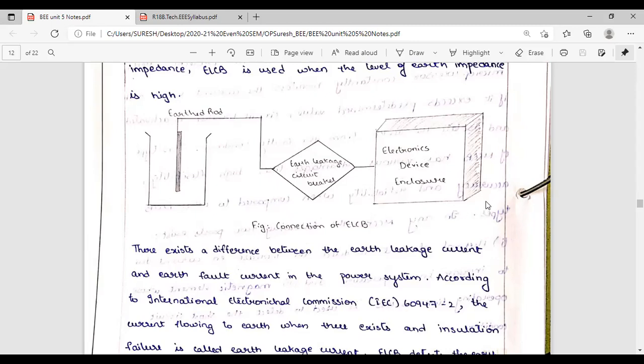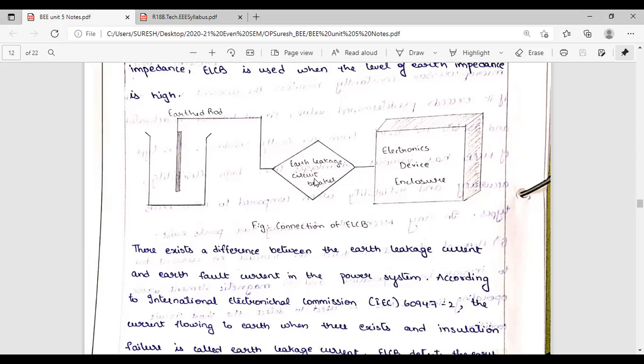Let us assume one person is standing here and touching the fridge. Suppose earthing is not there, this current will enter into the body. Suppose earthing is there, the entire current will flow into the earth. There will be no shock for that person.